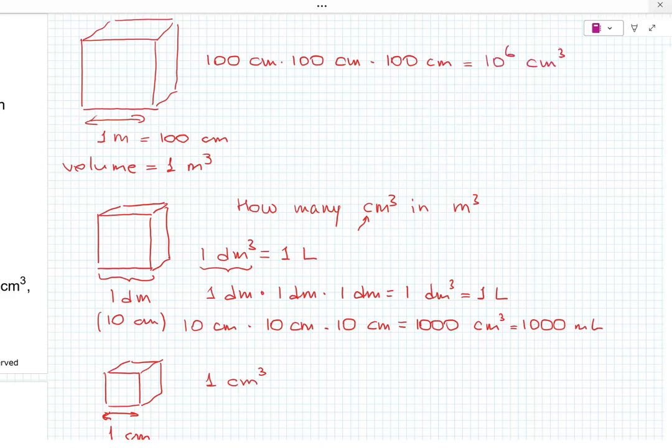A million. So 1 cubic meter is equivalent to 1 million cubic centimeters. Does that make sense? Yes?